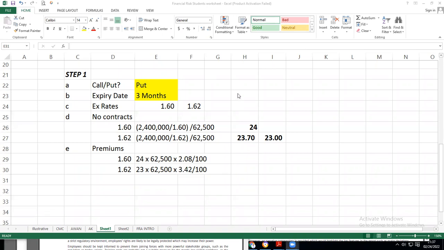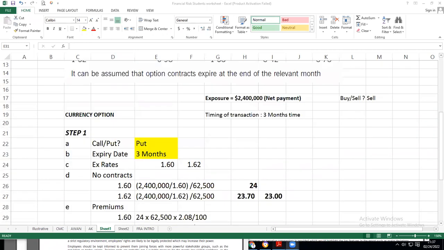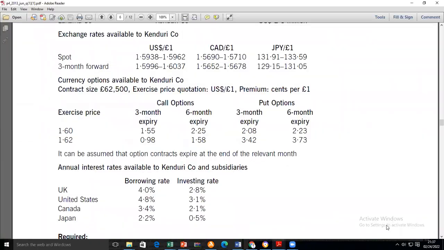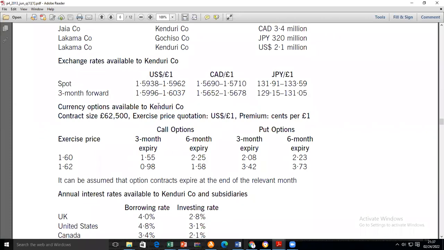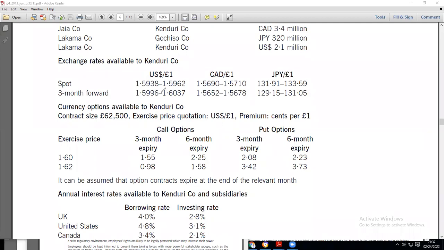So you find your rate here. You go back to your rates. The banks have to sell you dollars. And when the bank is selling, they're using this number here. This is the bank selling rate.